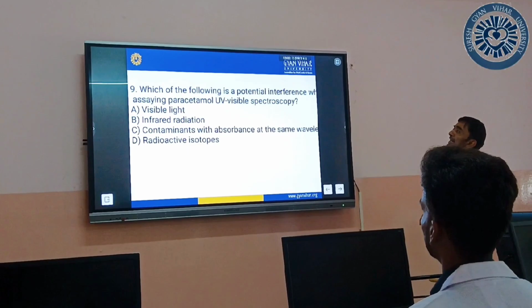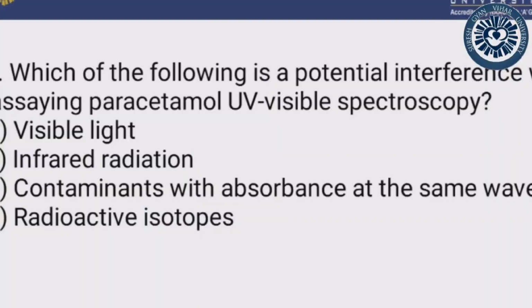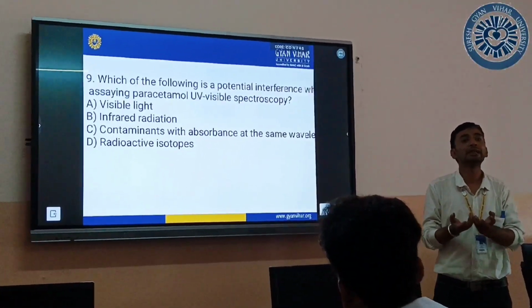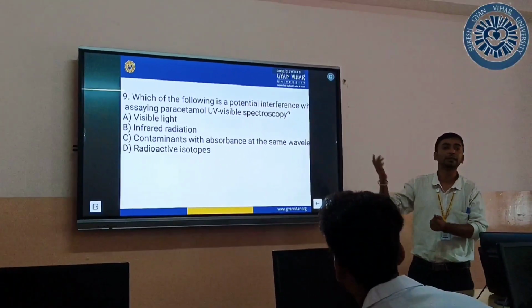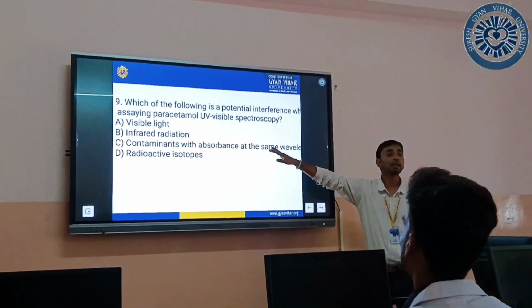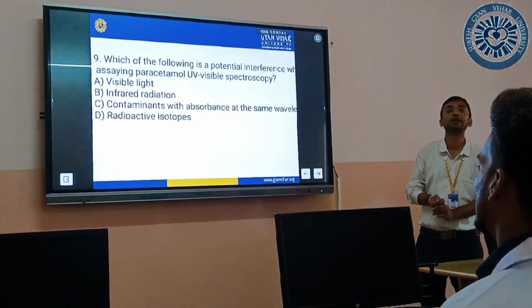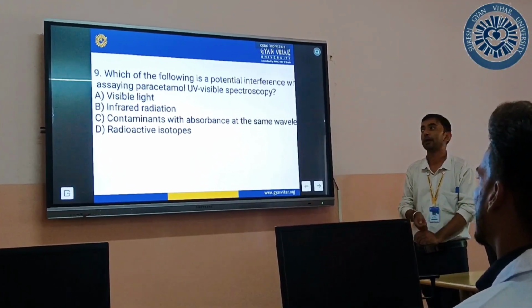Which of the following is a potential interference while assaying paracetamol using UV visible spectroscopy? What is the interference? The presence of an interfering substance absorbing at the same wavelength causes interference during UV visible spectroscopy.